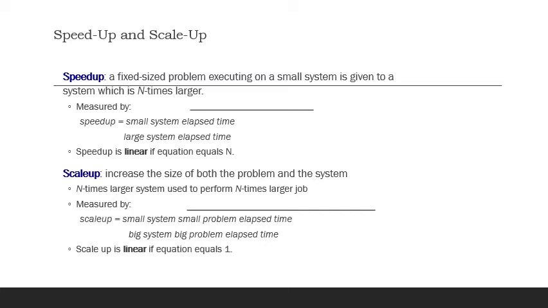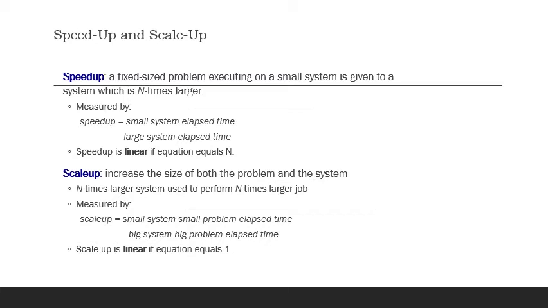In case of speed up, suppose a fixed size problem executing on a small system is given to a system which is n times larger. Then the speed up can be measured as: speed up is equal to the small system's elapsed time divided by the large system's elapsed time. The speed up is said to be linear if the equation equals n.